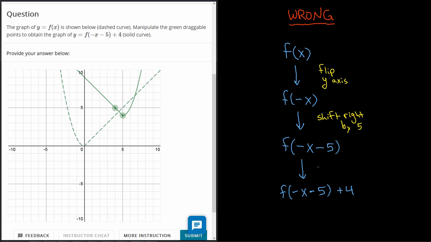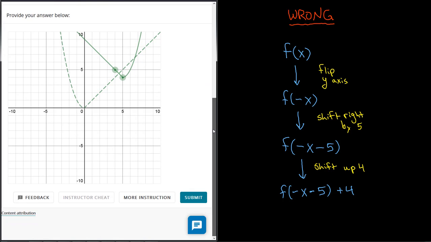And then the last shift was we shifted up by 4. Okay, so on the surface, other than Travis warning us that there's a mistake here, it feels like we did everything right there. But we can check.